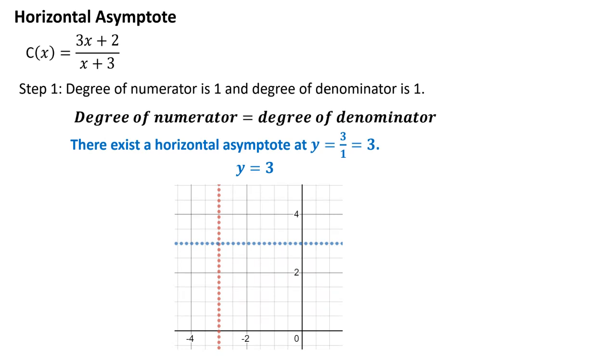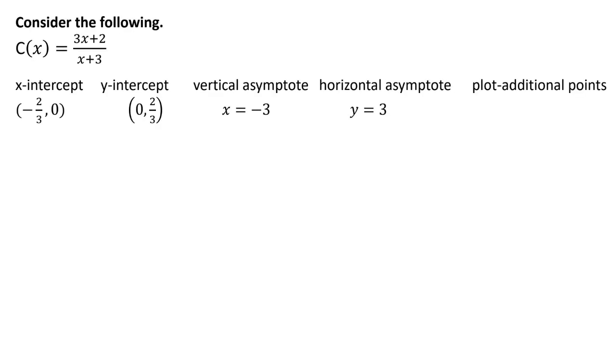So for our particular function, we have a horizontal asymptote at y = 3/1, which just simplifies to 3. So this is a horizontal asymptote at y = 3. And then we have our vertical asymptote at x = -3. Okay. All right.